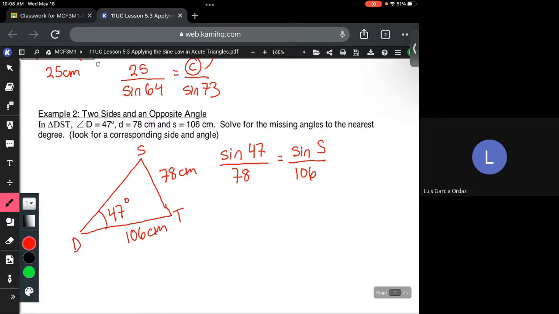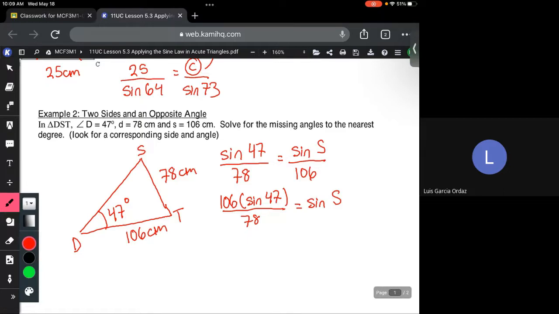So how do I isolate for sine S? By multiplying by 106. So I'm going to get 106 times sine 47 divided by 78 is equal to sine S. So you guys are going to get a decimal for this.